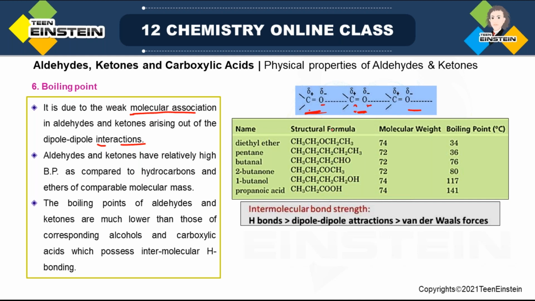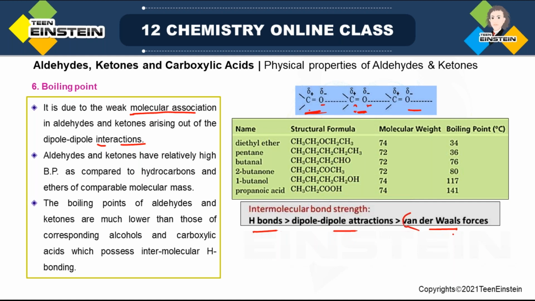This is dipole-dipole interaction. And if you compare the bond strength of these different types of intermolecular interaction, hydrogen bond is one type, dipole-dipole interaction is another type, van der Waals interaction is another type. Hydrogen bond has more strength compared to dipole-dipole, and dipole-dipole has more strength compared to van der Waals.